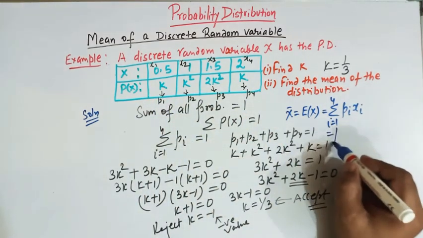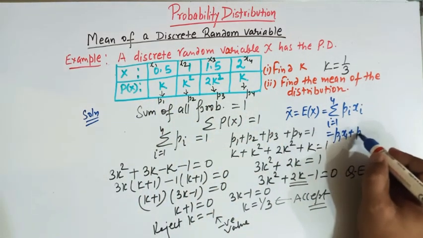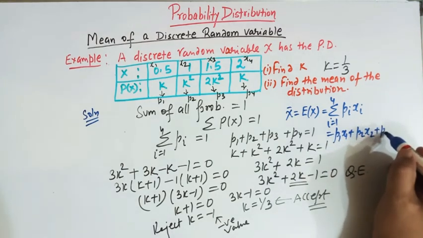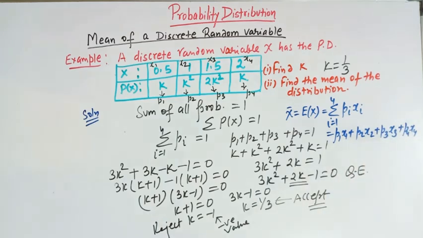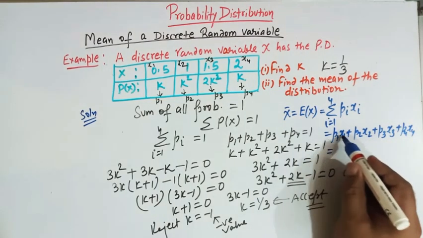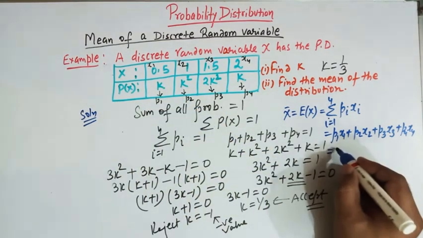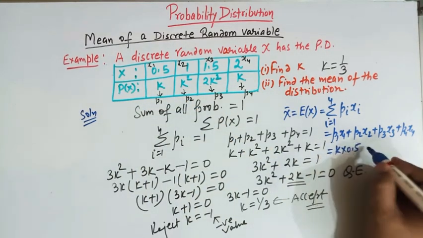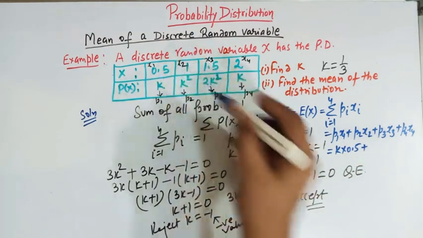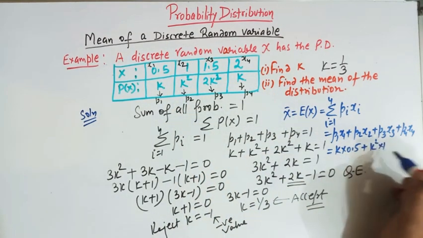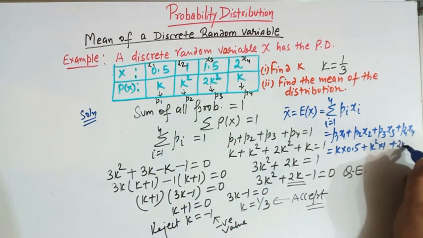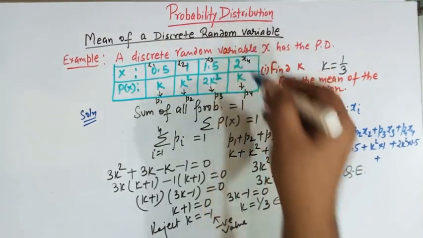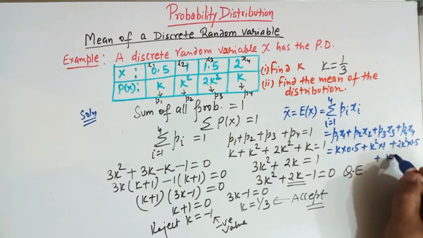Okay, so here we have p1 x1, then we have p2 x2, then we have p3 x3, and then we have p4 x4, right? Now p1 x1 is k times 0.5, then we have p2 x2, that is k square times 1, then we have p3 x3, that is 2k square times 1.5, and then we have p4 x4, that is k times 2.